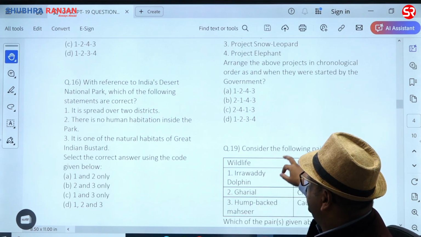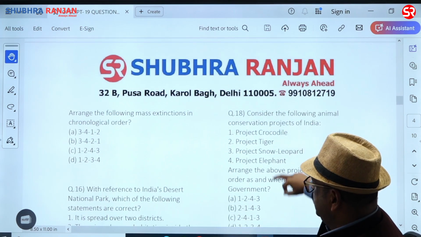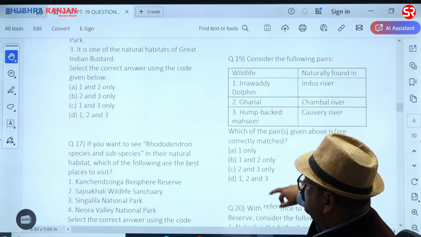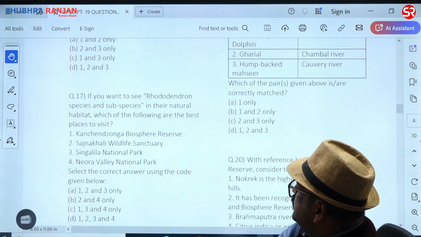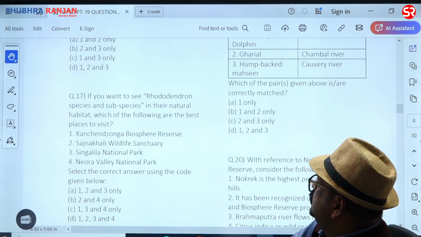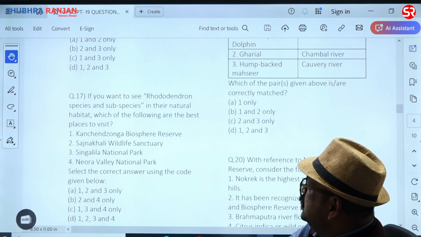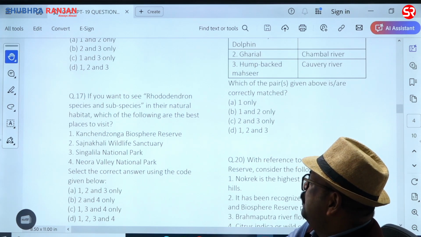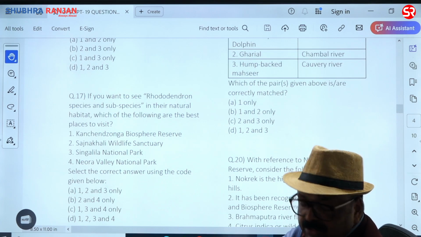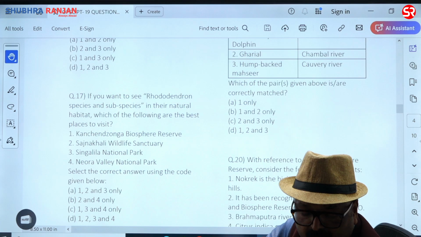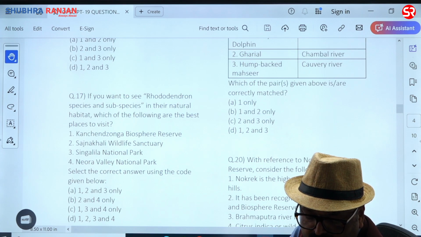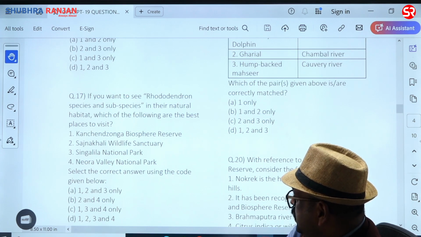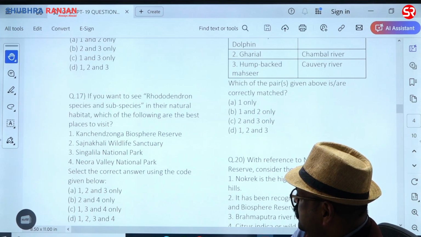Okay. Right answer, Charlie. Let's come to the 17. Question number 17. If you want to see rhododendron, a beautiful plant, species, subspecies in their natural habitat, which of the following are the best places to visit? Kanchenjunga Biosphere Reserve, बिल्कुल आपको यहाँ मिलेगा बच्चे. Kanchenjunga Biosphere Reserve you will find in Himalaya and rhododendrons are there. Singalila, again you will find, and you will find it in Neora Valley National Park.